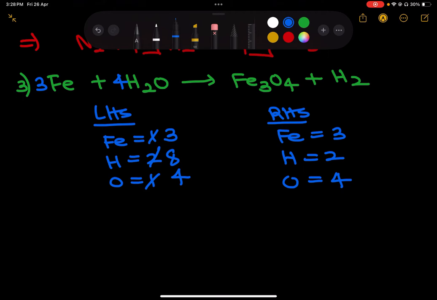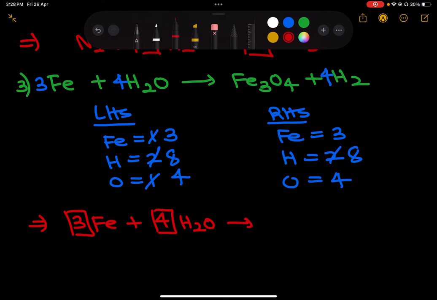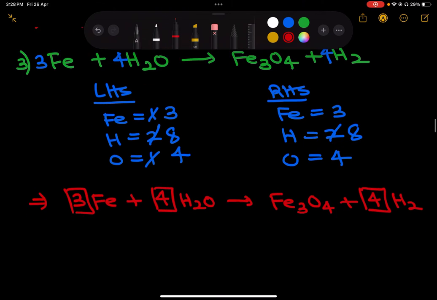So here we have to put a 4 in order to get 8 here. So we have 3, 8, 4, 3, 8, 4. That's matching. Okay, so it's balanced. Now we can write it nicely as 3Fe plus 4H2O gives Fe3O4 plus 4H2. Fine. Okay, let's move on.